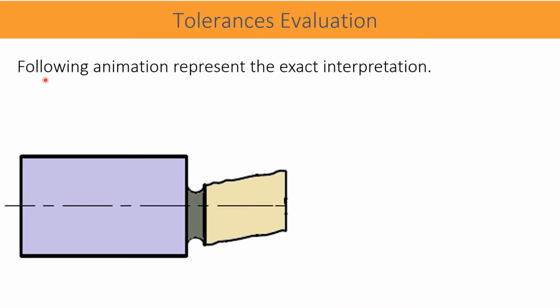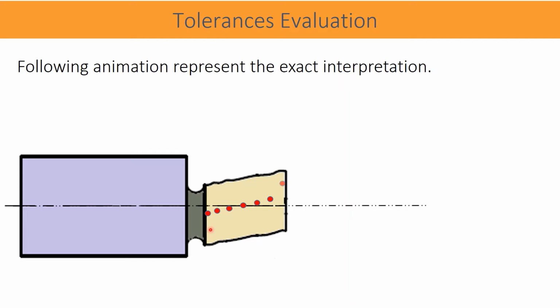The following animation represents the exact interpretation of concentricity tolerance evaluation. The datum cylinder is measured and the datum axis extended to infinite length as mathematics. After that, on the actual tolerance feature, a cylinder or number of circles are measured.